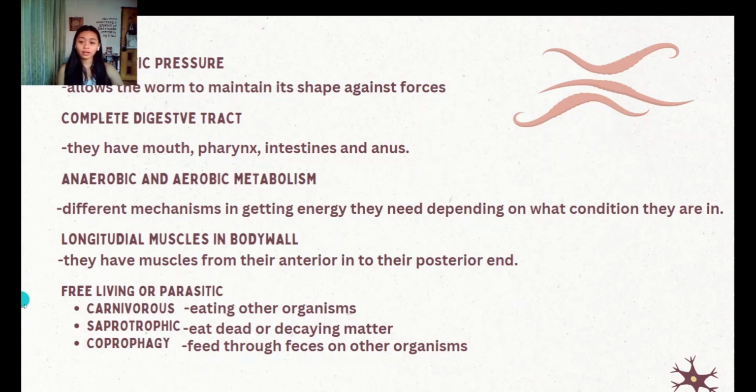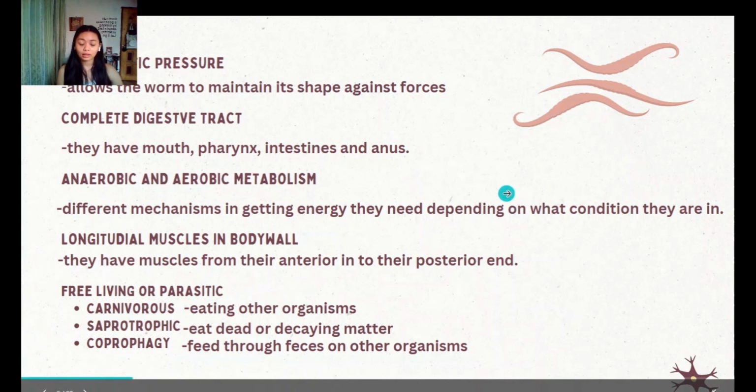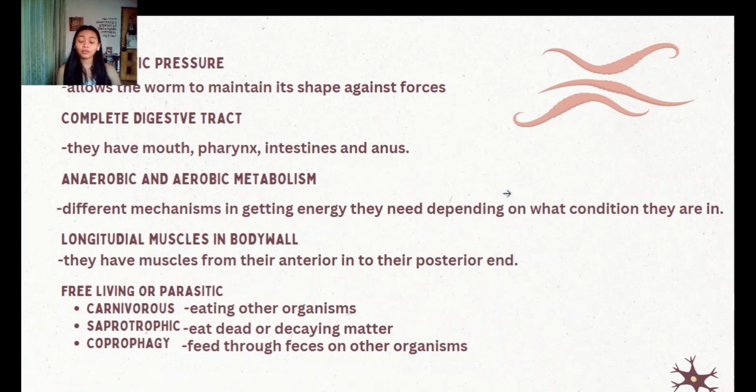Roundworms are also free-living or parasitic organisms. Free-living because they can live in freshwater habitats or other environments, and parasitic because they host on humans, animals, and plants. They are also called carnivorous because they get their food through eating other organisms.